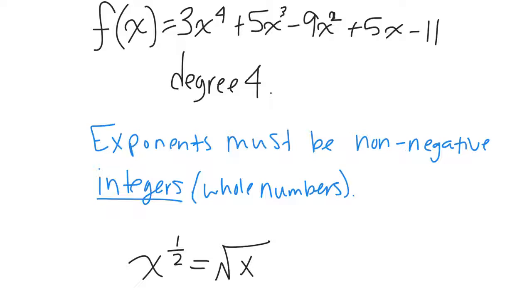Why don't we want negative? Let's think about if we have x to the -2. That's going to be the fraction 1 over x squared, which is another family of functions. So polynomials are going to have exponents that must be non-negative integers.